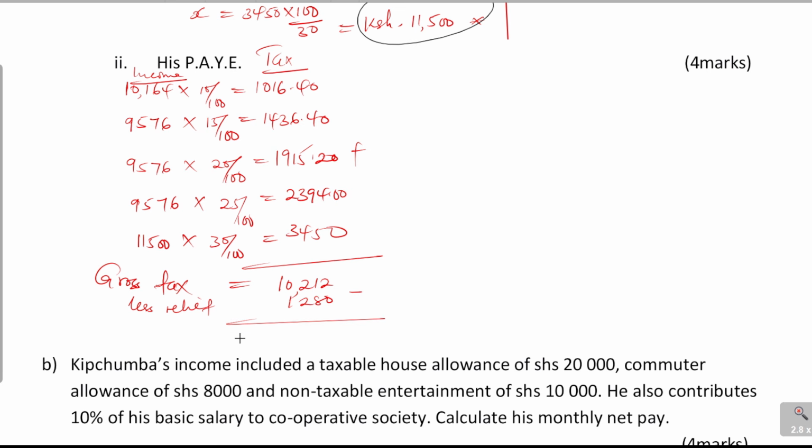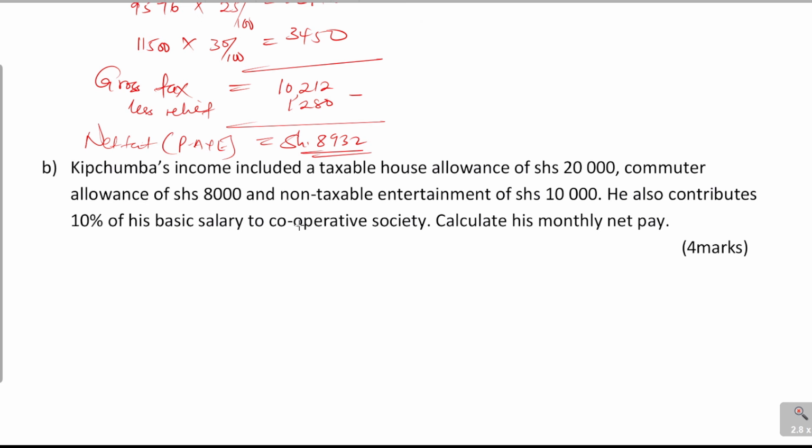So you subtract that, and when you subtract that, you get the net tax, or that is now the PAYE. And these should give 10,212 subtract 1280, that should give 8932. And that is how you're supposed to solve that part of the question.